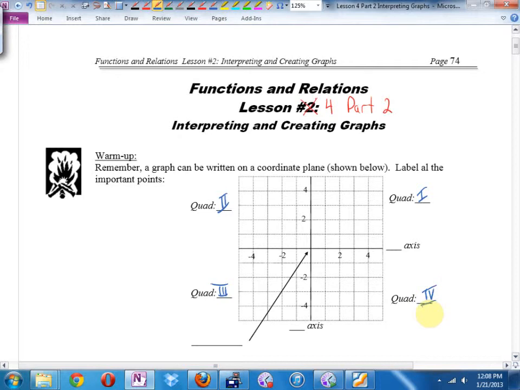Then I notice it says blank axis right here. Which axis is this? X-axis. Which axis is this one down here? The y-axis. And what do I call that point there in the middle? Begins with the letter O. Do you remember? The origin. So, some good quick terminology.